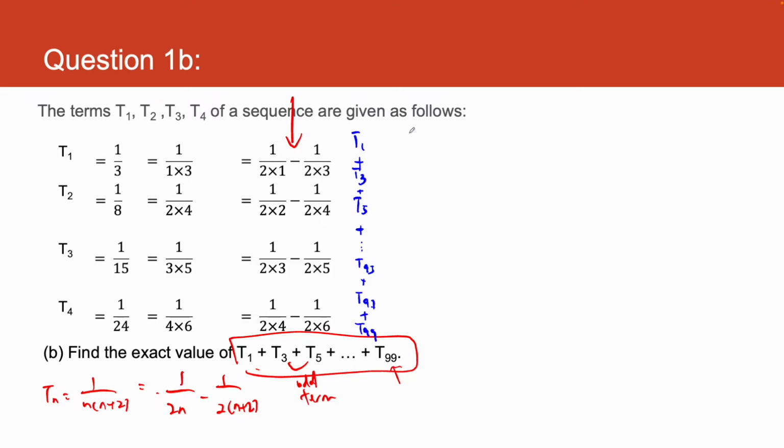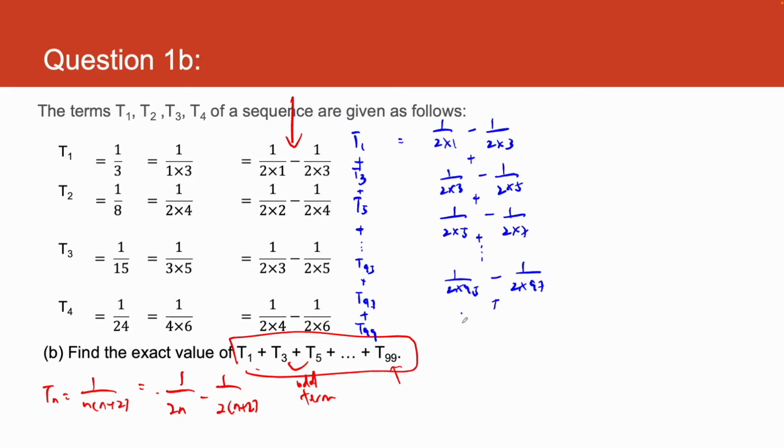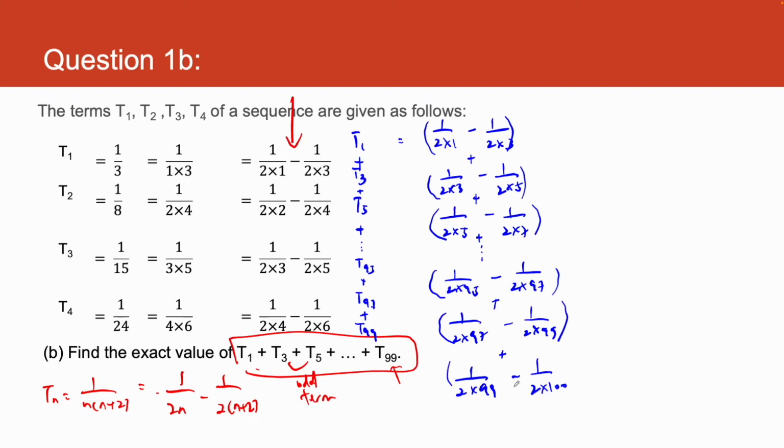So this sum will be equal to T1, T3 is 1 over 2 times 3 minus 1 over 2 times 5, then T5 will be similar, and I'll add the last 3 terms. I can write it like that.